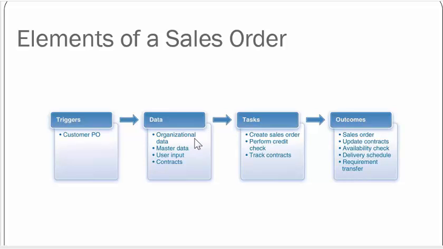You have to do an availability check on whether you will be able to deliver on time, and if you can transfer material from one plant to another in order to fulfill that order, you would go ahead and do that.